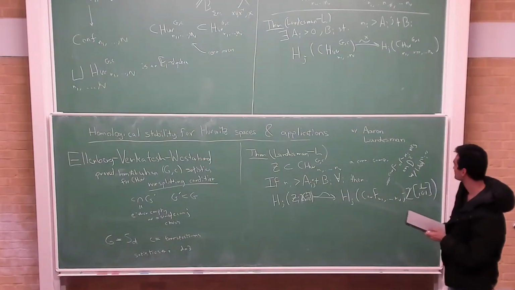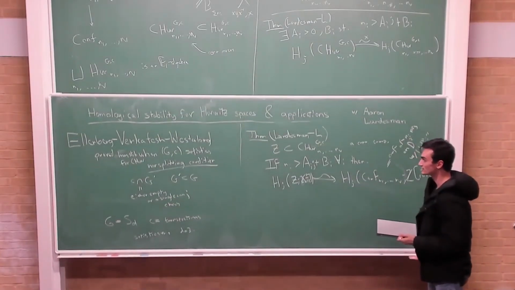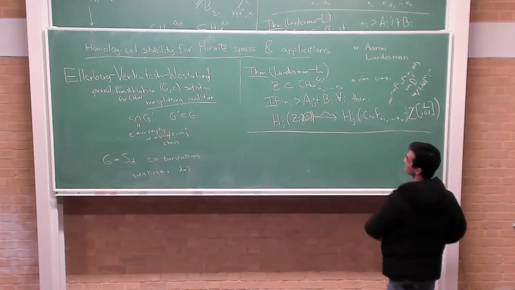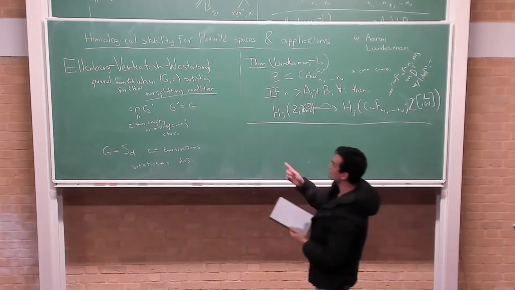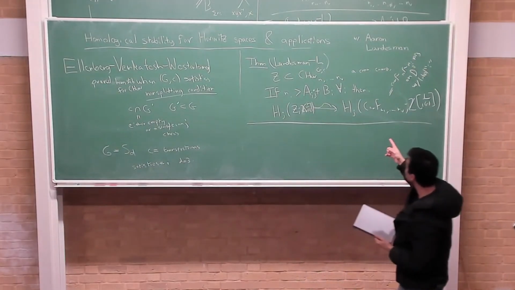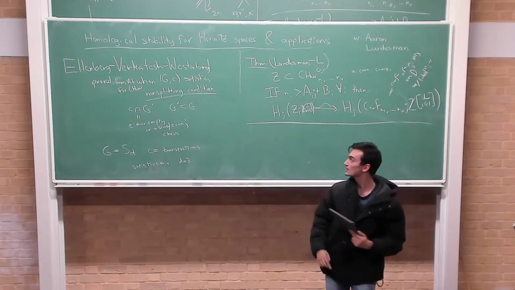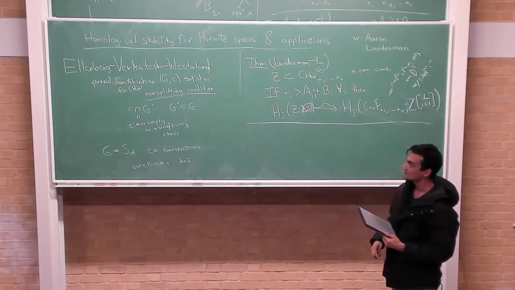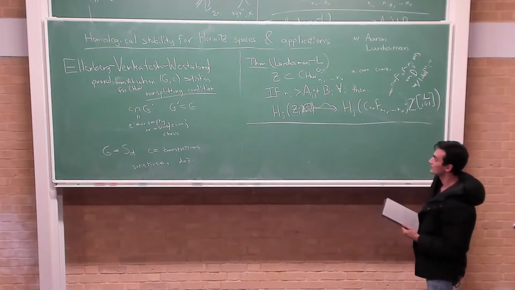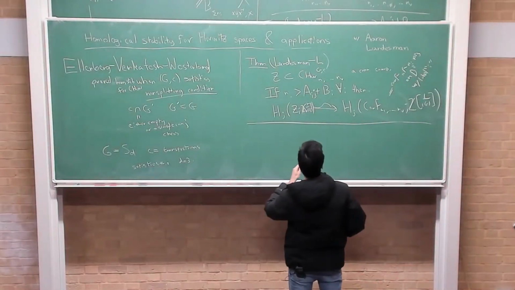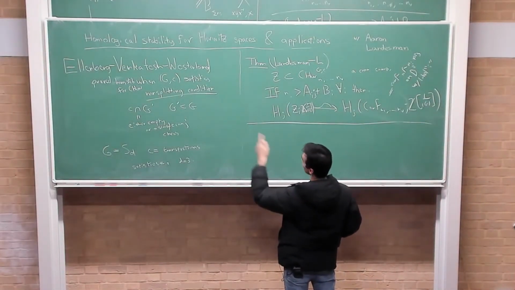Okay. And so for this result, I guess there's some history to that too. Ellenberg, Venkatesh, and Westerlund tried to prove this result in this non-splitting case. But there was a serious error that was pointed out by Oscar. And Aaron and I were able to resolve that error in the non-splitting case.